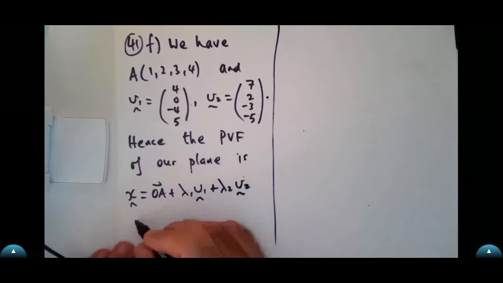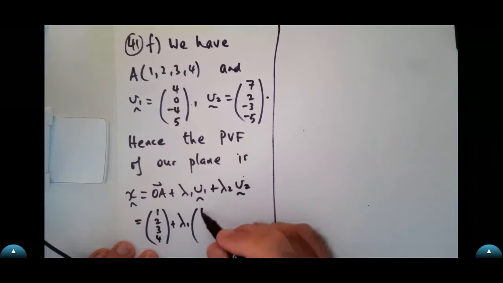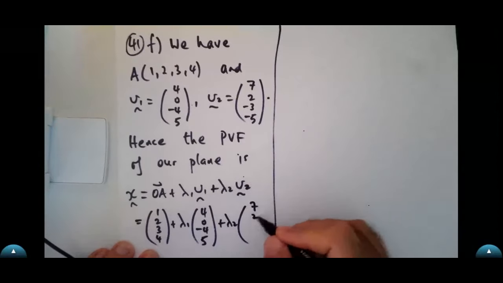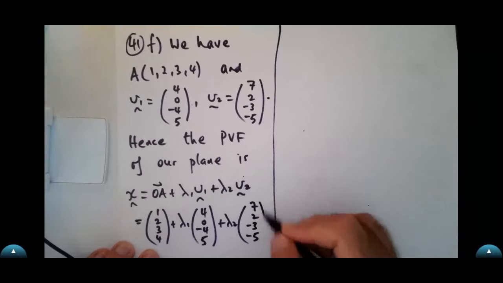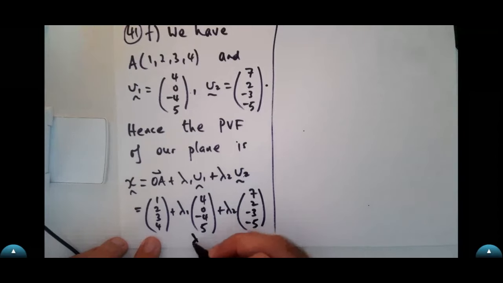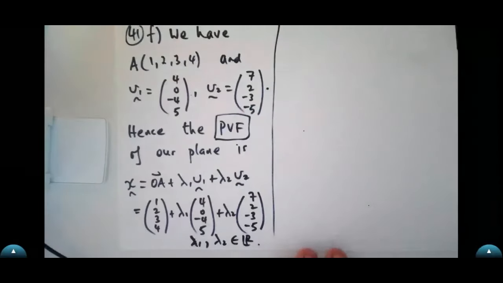Okay, so let's just write it out. And we want to specify that these parameters come from the whole real line. PVF, parametric vector form.